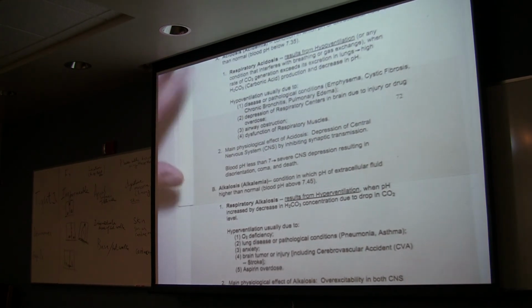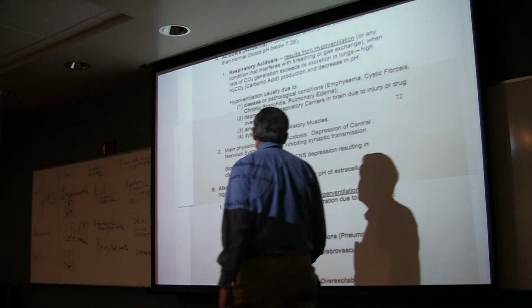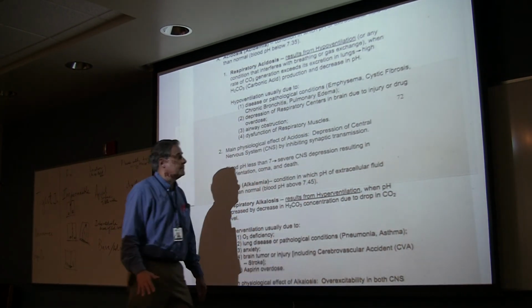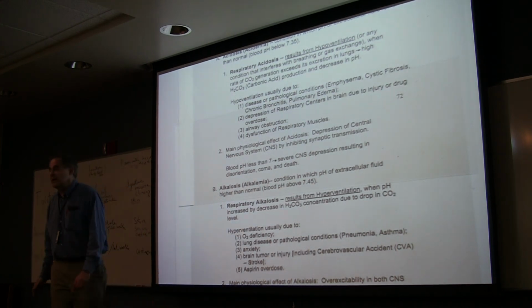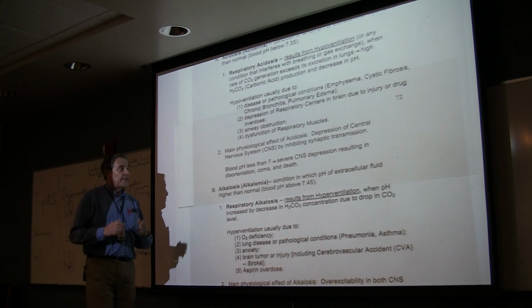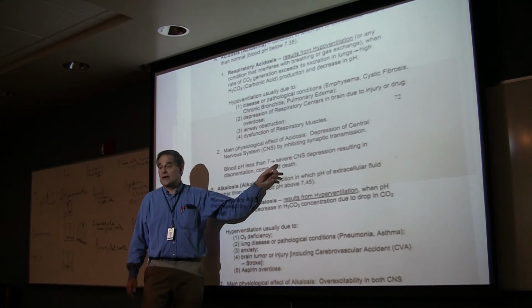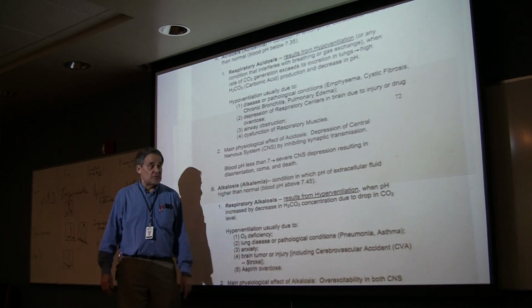What's the main effect? The main effect we see is on the central nervous system. You get depression of the central nervous system by inhibiting synaptic transmission. If that blood pH reaches 7, now we're at neutral, and you have severe depression of the central nervous system.